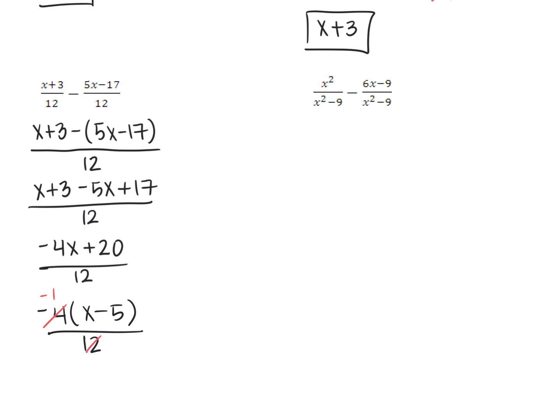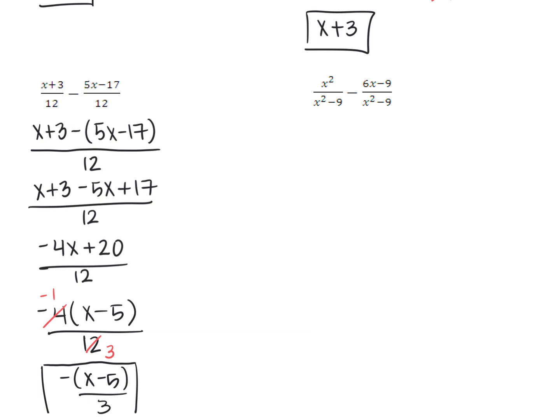So I get negative 1 and 3. My final simplified answer is going to be negative, and then in parentheses, x minus 5, all over 3. Just like when we were multiplying and dividing, I am not going to distribute anything back into parentheses. We are going to leave it in factored form.